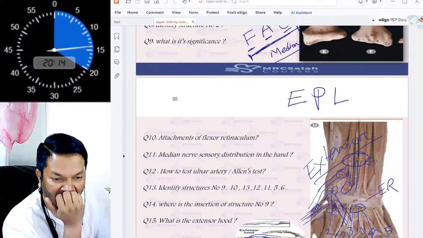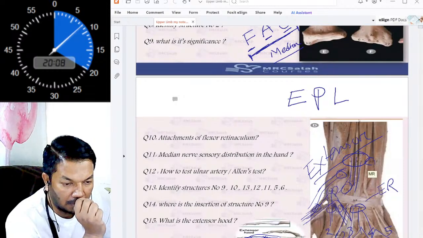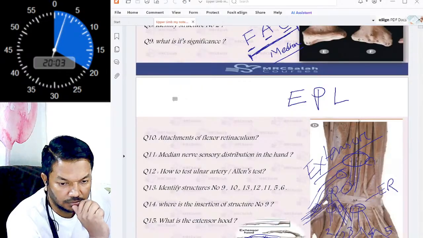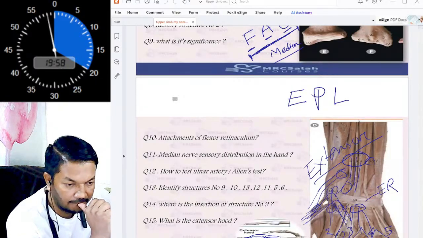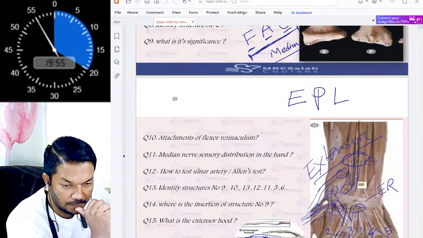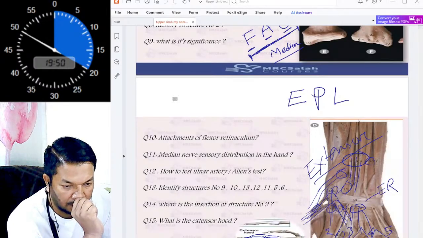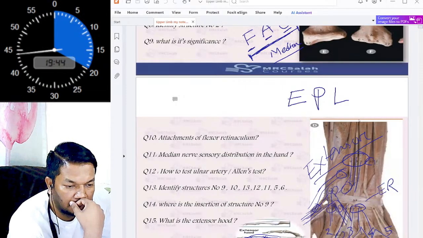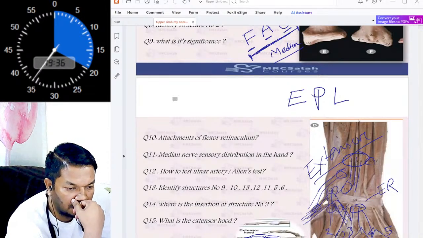Ten is the extensor indicis. 11 is the extensor pollicis brevis, and extensor pollicis longus. 5 is the extensor carpi radialis brevis, and 6 is the extensor carpi radialis longus.